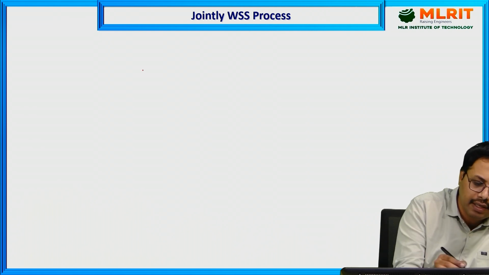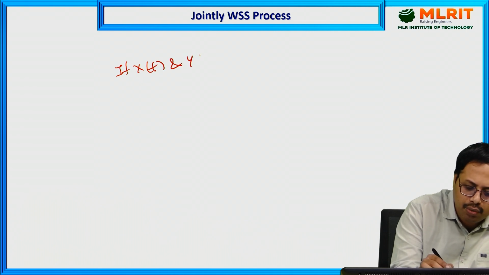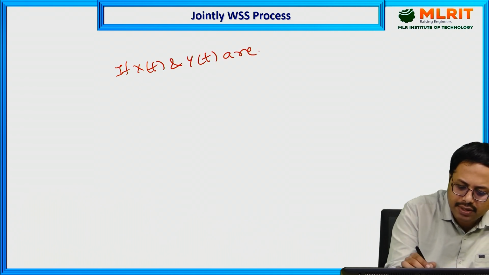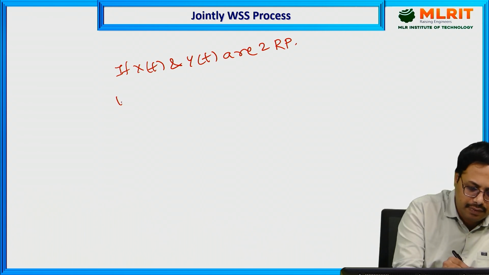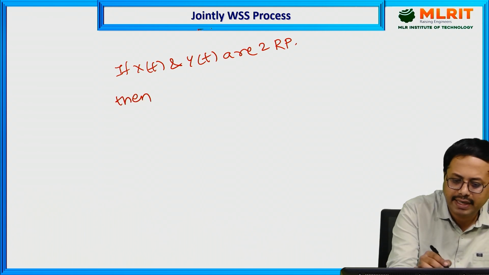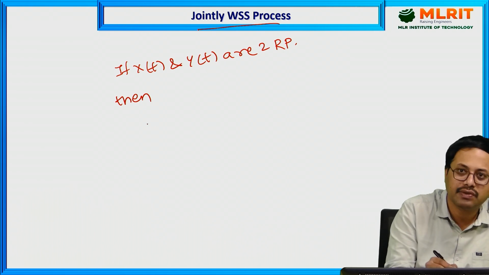If x of t and y of t are two random processes, then to satisfy the jointly wide sense stationary condition, they have to satisfy three conditions.